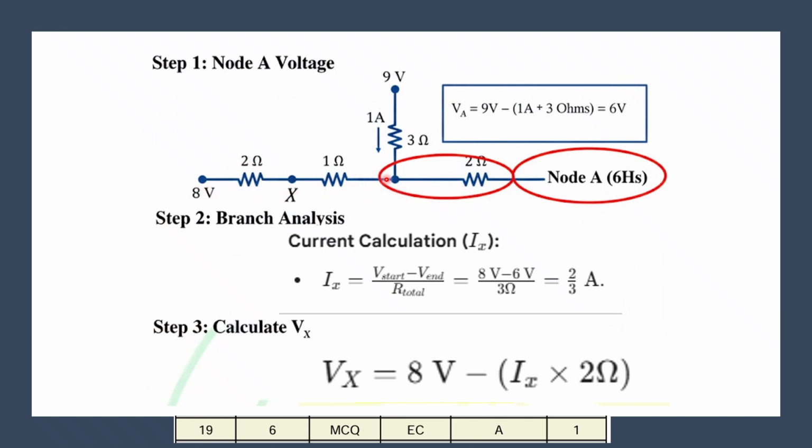How? Potential difference divided by the total resistance, so we get 2 by 3 ampere. Now simply the potential minus the current, 2 by 3, multiplied with this resistor, and we get the voltage at this point. So this is the technique to solve the problem. As per the answer key, option A is correct.